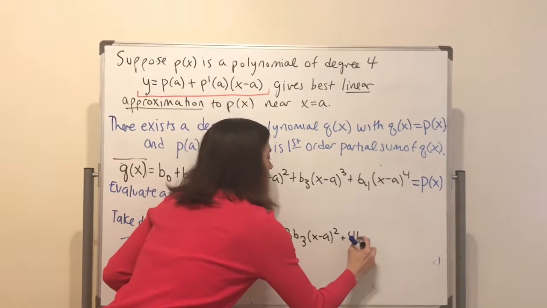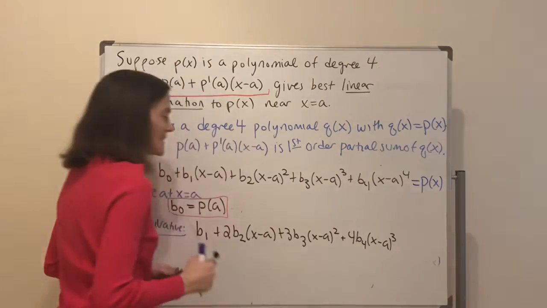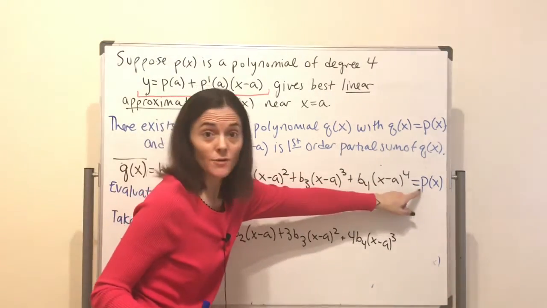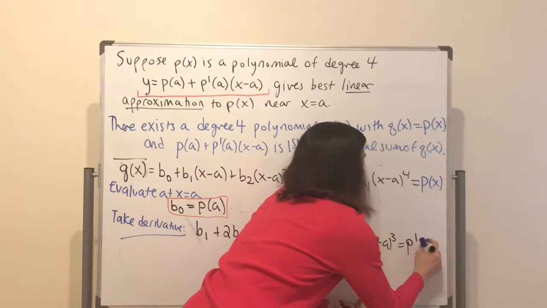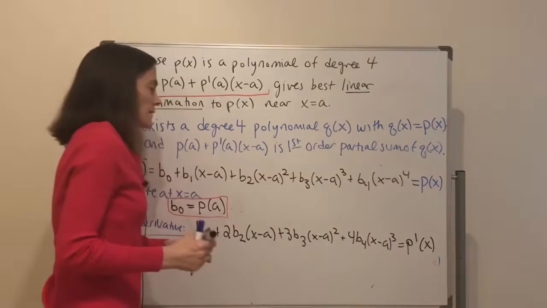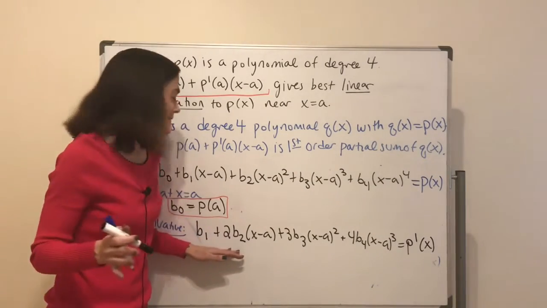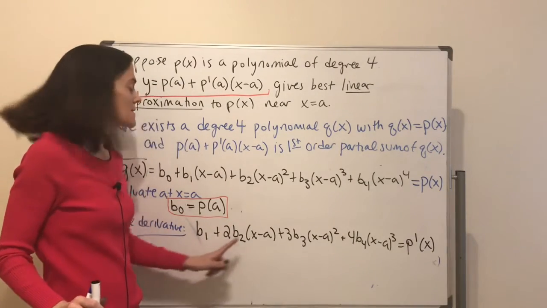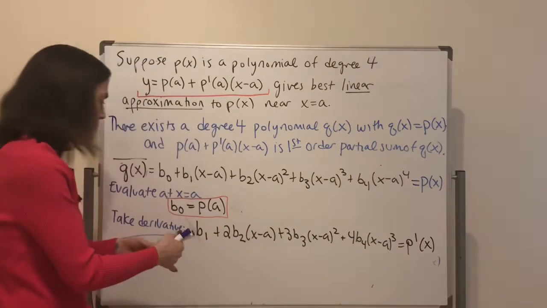This is 4 b4 times x minus a cubed. That's taking the derivative of this. Then I take the derivative here, and this will equal p prime of x. Now I can't evaluate again at a, but this term remains. These terms are 0, 0, 0. So I get that b1.